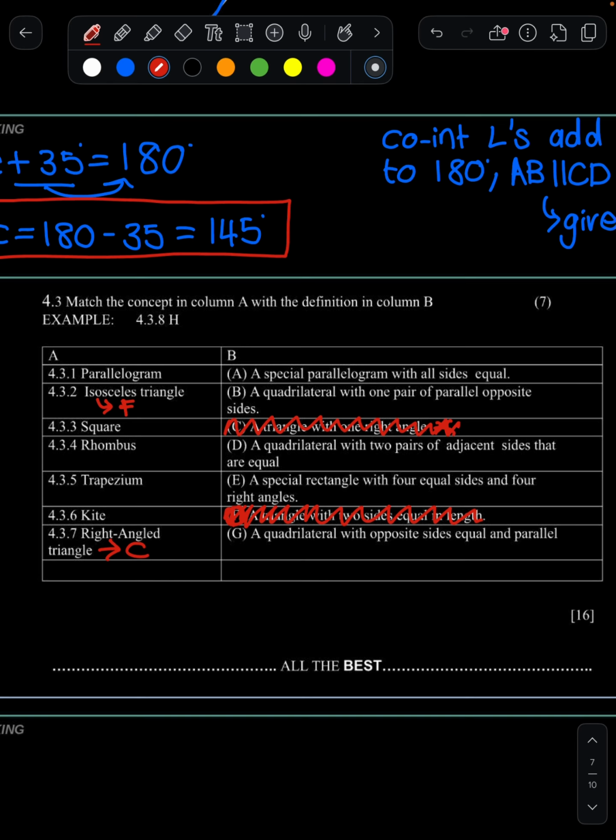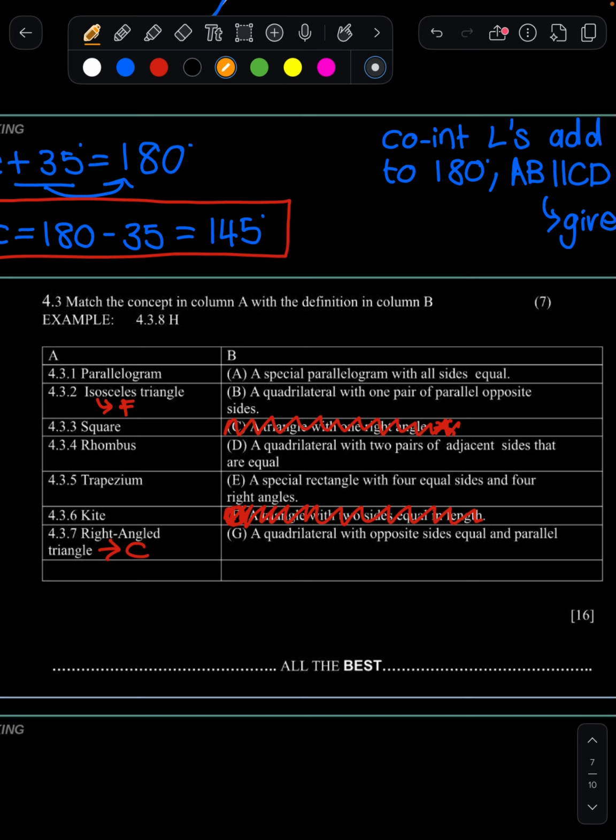Okay, a square, let's do a square, that's quite an easy one. A square is a quadrilateral with two pairs of adjacent sides that are equal. A special rectangle with four equal sides and four right angles. Quadrilateral with opposite sides equal and parallel.